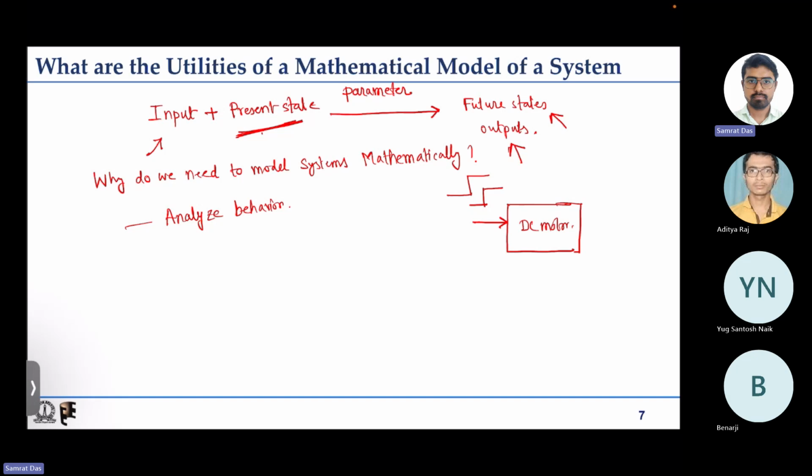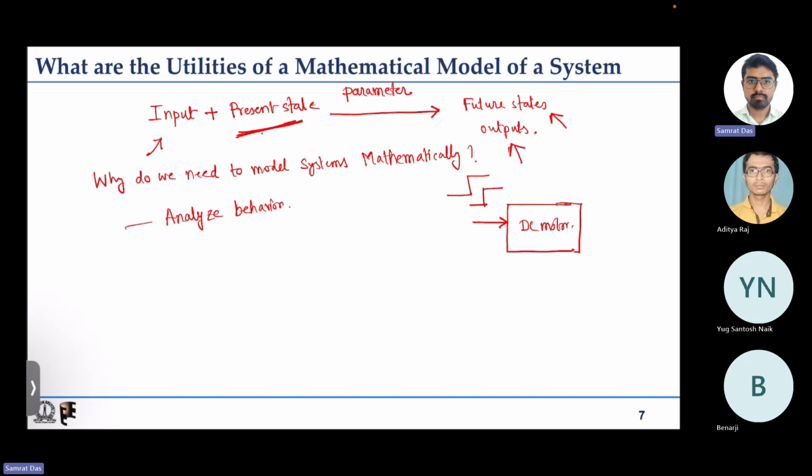One way to understand the behavior of the system is to run it physically: apply some voltage in the armature or field, and measure the outputs. For this case, it is the DC motor.